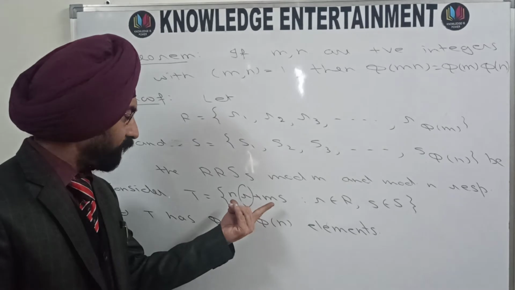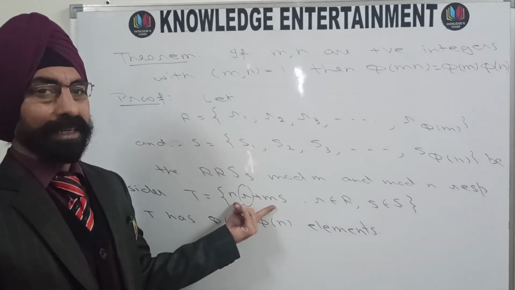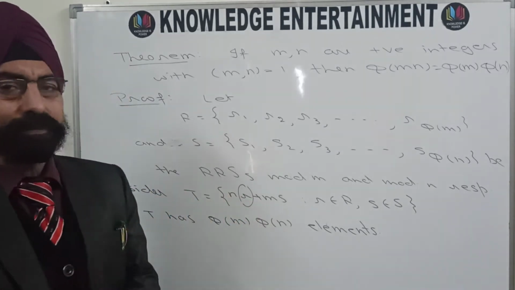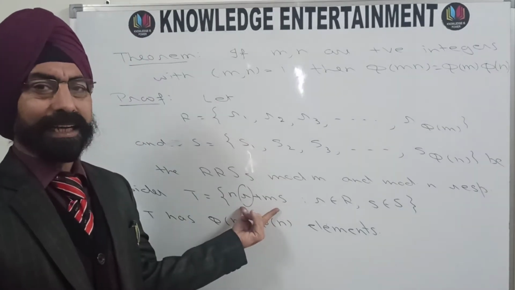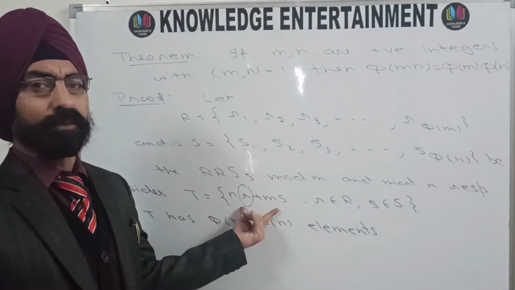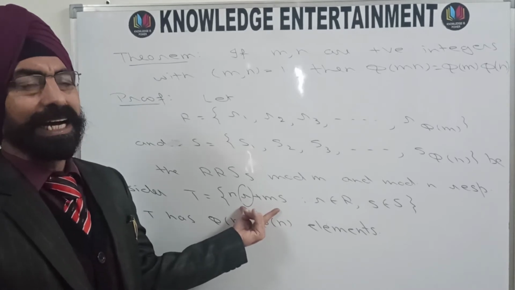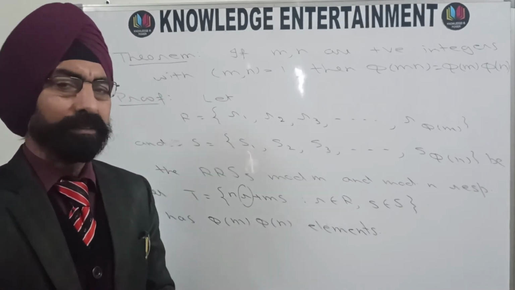That means GCD of each member of this set T with mn is 1. This is the first thing we will show. Secondly, we will show that no two members of the set T are congruent to each other modulo mn. This is the second thing we will show.